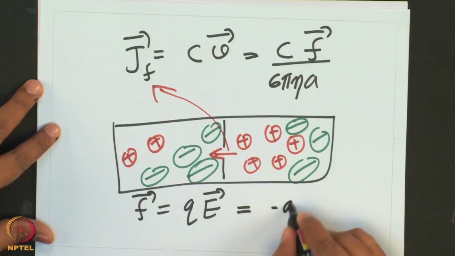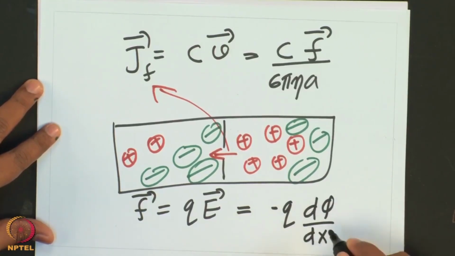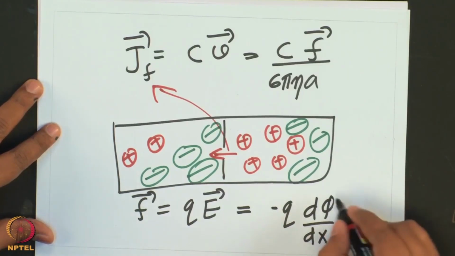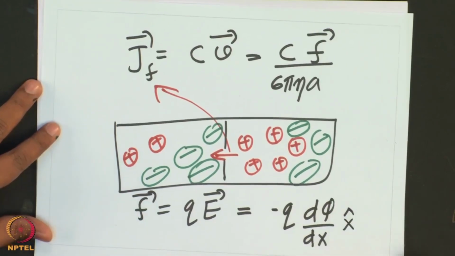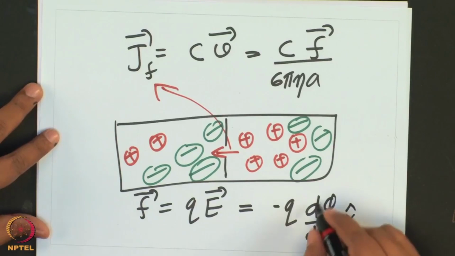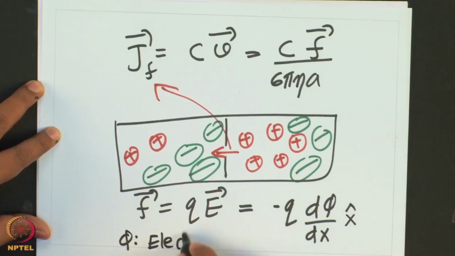So it will be minus Q del phi by del x, which is called the gradient, with appropriate sign and so on. So d phi by dx, where phi is the electrostatic potential. I use the symbol phi for electrostatic potential.